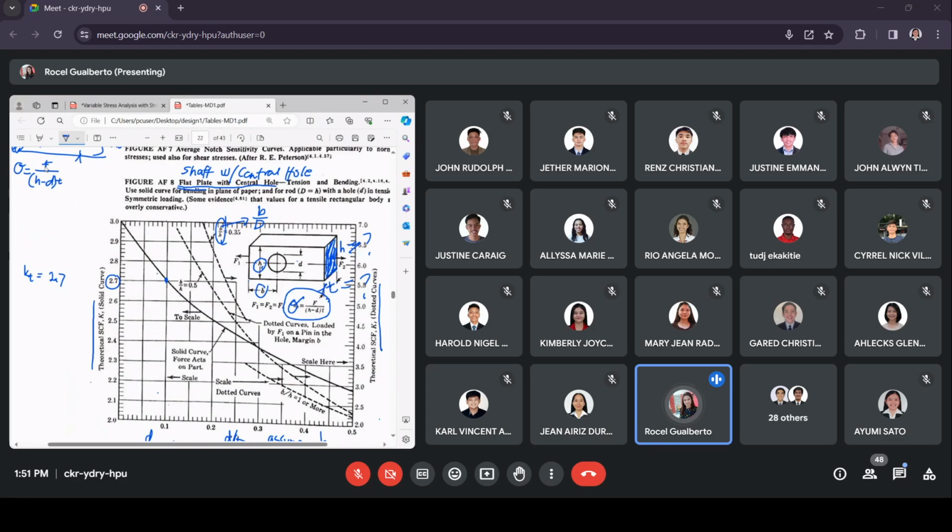So, this force varies. You can now obtain sigma maximum when you use maximum force over H minus D times T. And your sigma minimum would be equal to F minimum over H minus D times T. Susundin lang po natin yung equation na nakalagay on the figures.